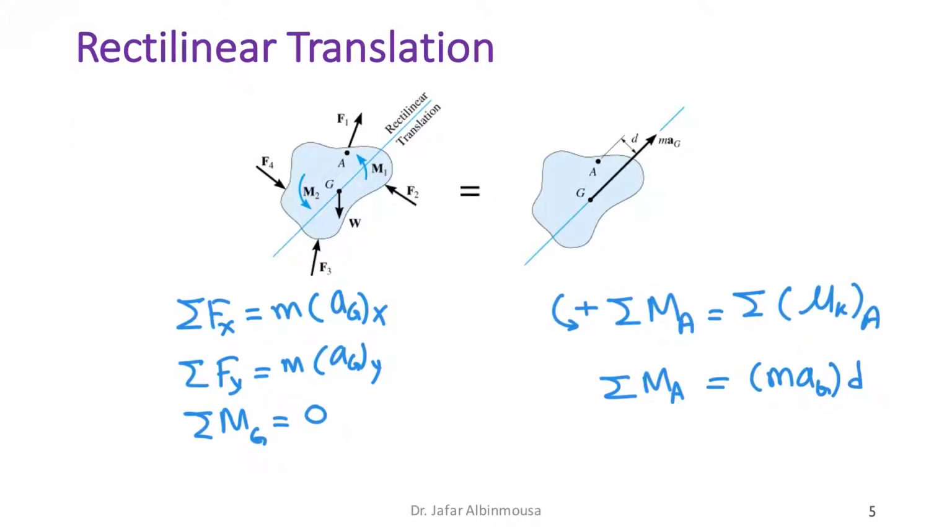What is this? This is basically this vector causing a moment at point A, and we just have to multiply the vector by the perpendicular distance, which is d.